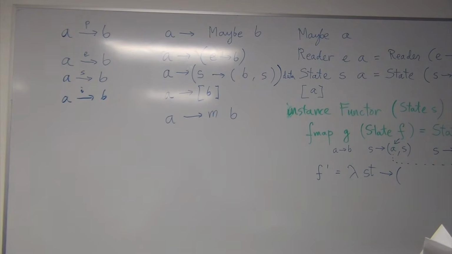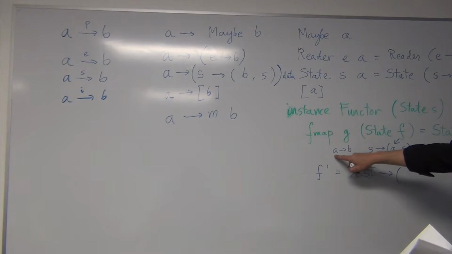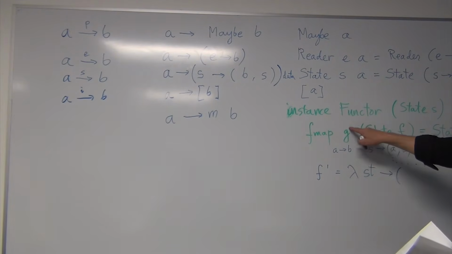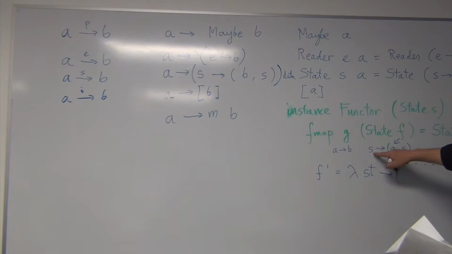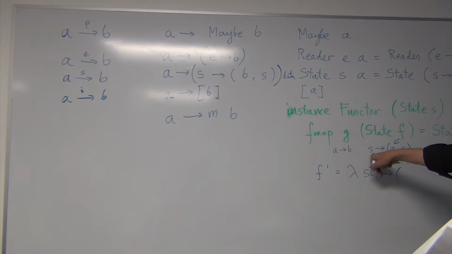We can turn a into b using this function g. But we also want to use f somewhere, and f is a function that requires state.